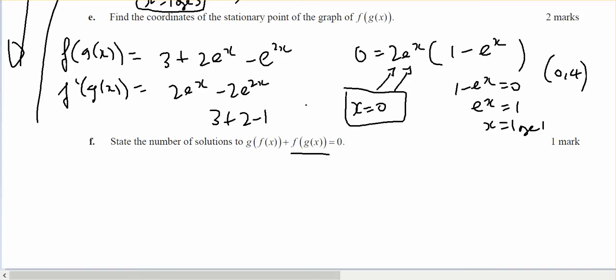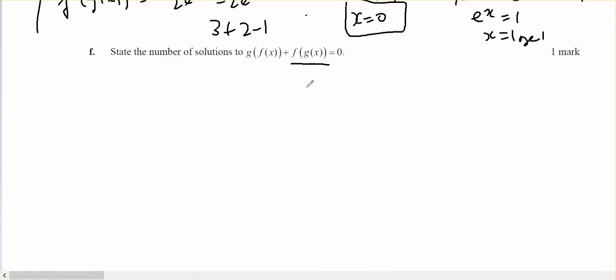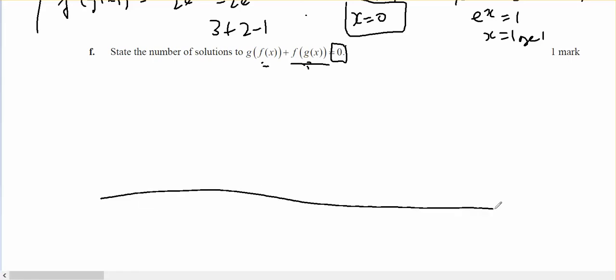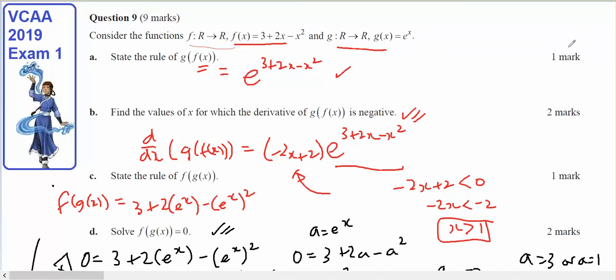So if I'm going to make these added to each other, I'll get a 0 when it crosses the x-axis. So what do I know?